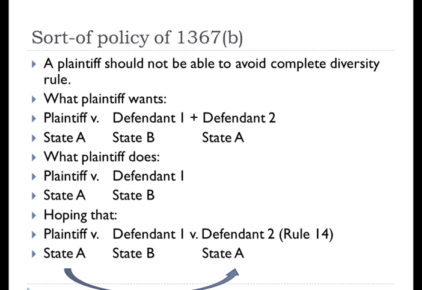And then if there were no prohibition on the plaintiff doing this, the plaintiff would then happily bring a claim against defendant number 2, now that defendant 2 is into the lawsuit, and the fact that they are from the same state would be magically taken away. So Congress, in drafting 1367(b), did not want that to happen. That's why you get this bizarre language that takes supplemental jurisdiction away from claims by plaintiffs against people made parties under blah, blah, blah, and blah. So we're going to go through that.